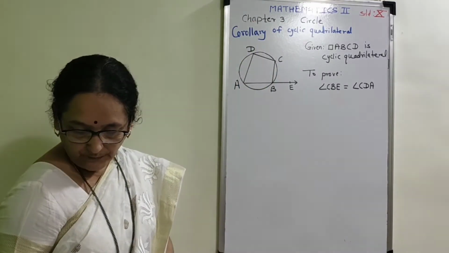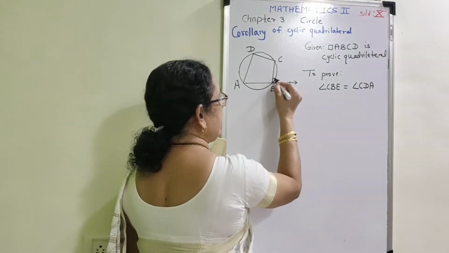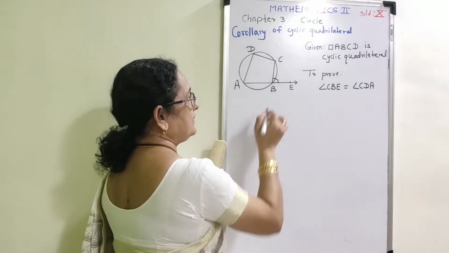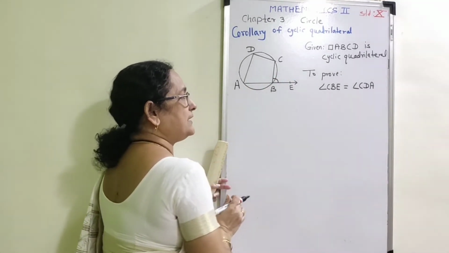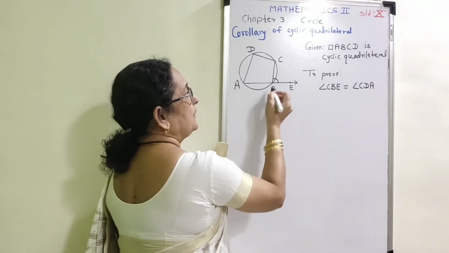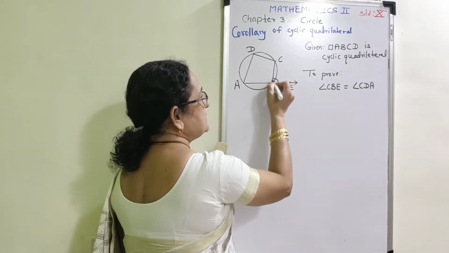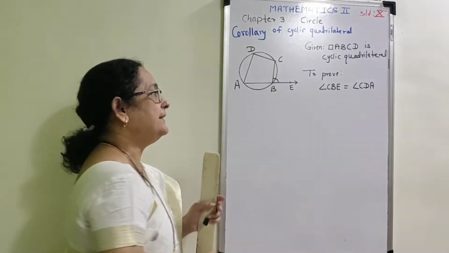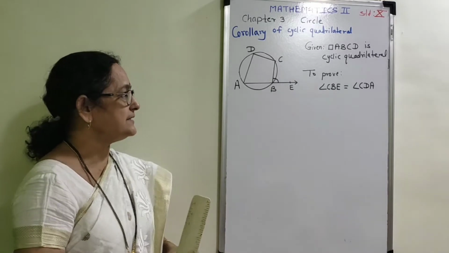Now here we have taken one exterior angle of this cyclic quadrilateral. I have extended side AB of cyclic quadrilateral ABCD, and this is point E, and therefore angle CBE is an exterior angle of this cyclic quadrilateral ABCD.